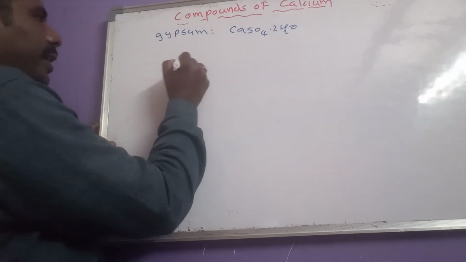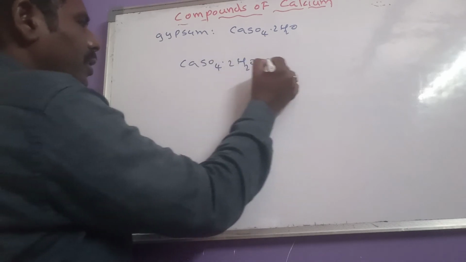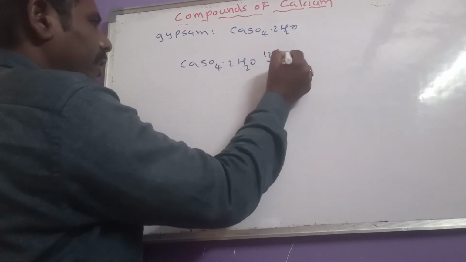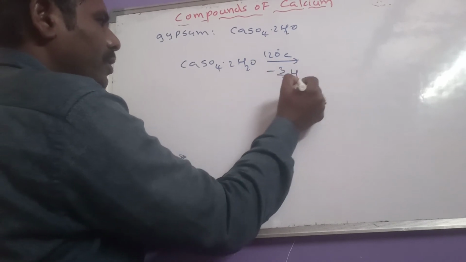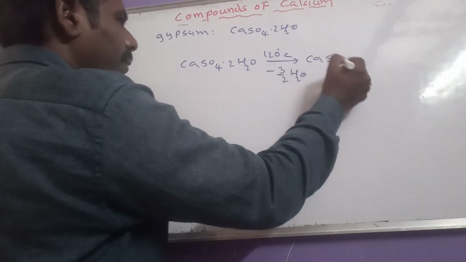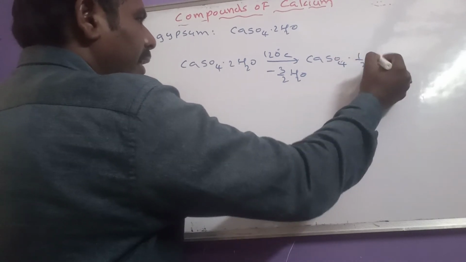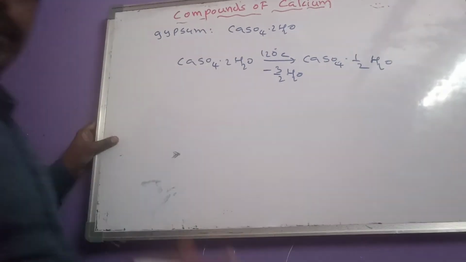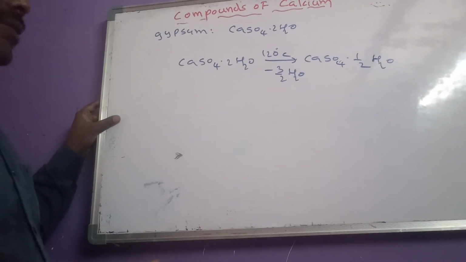First property here: CaSO4 2H2O, when heated to 120 degrees centigrade, loses 3 by 2 moles of water and forms calcium sulfate hemihydrate, or semihydrate.